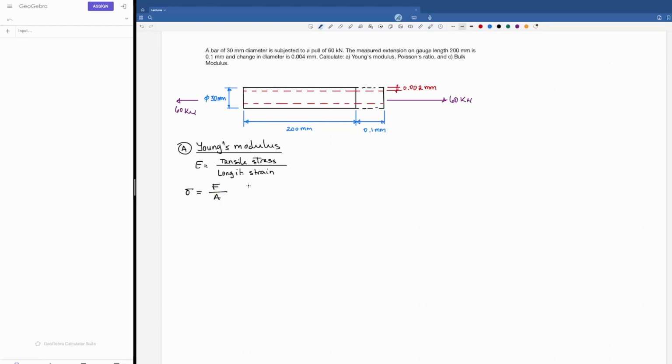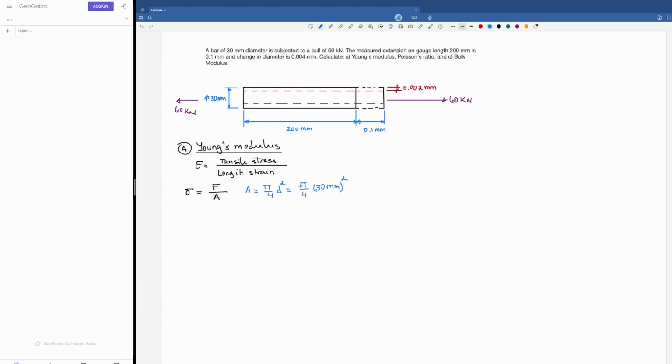Let's do it in color. The area is a round section, so this area is going to be as simple as pi divided by 4 times the diameter squared. The diameter is 30 millimeters, the original one, not the modified one.